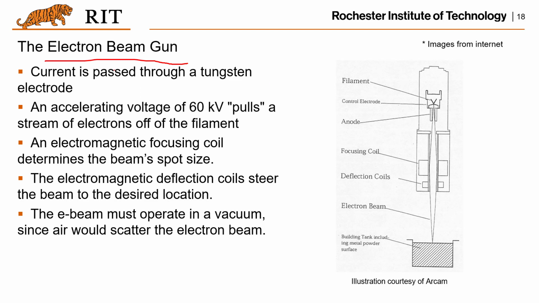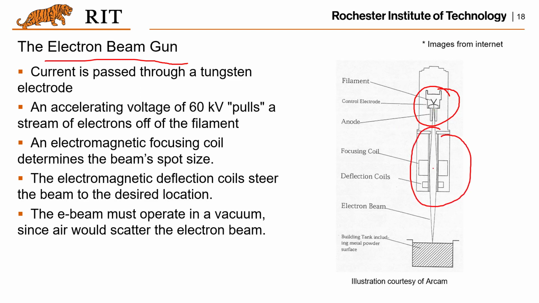Basically, the current is passing through a tungsten electrode, and high voltage drives the electrons and makes them pass through this part.